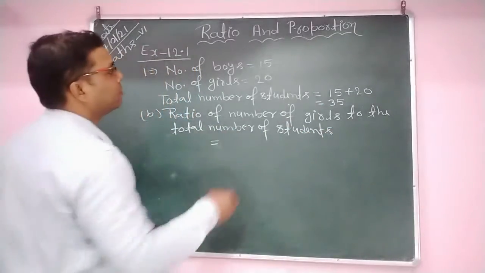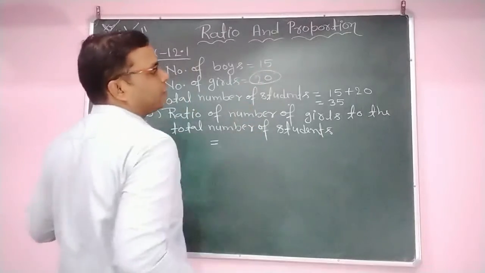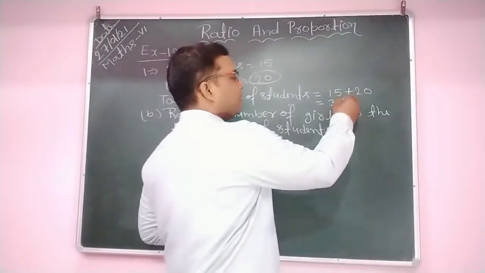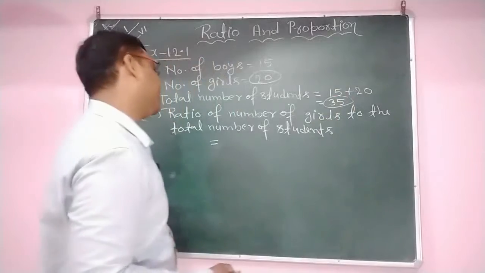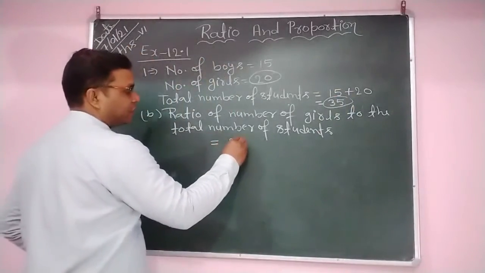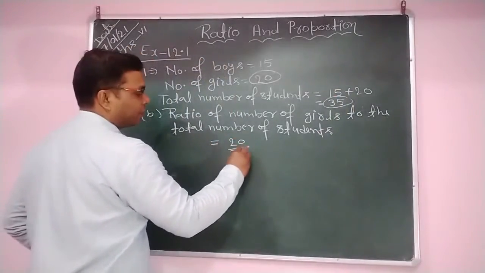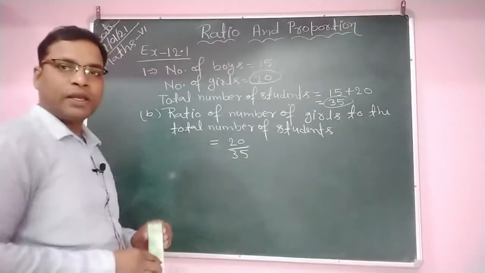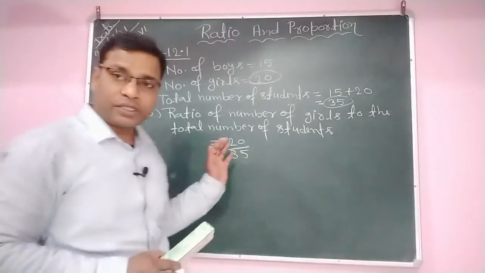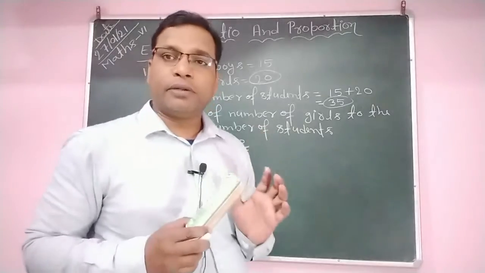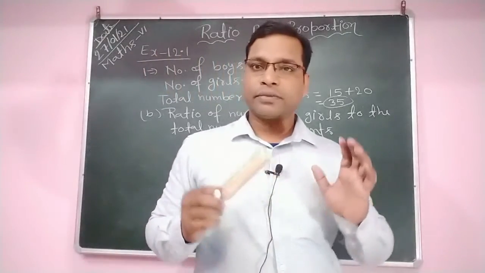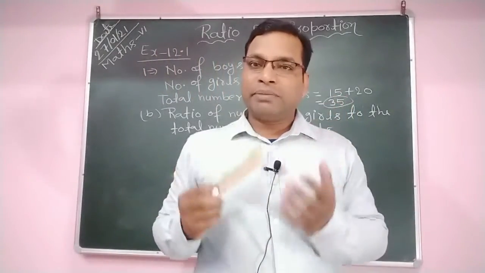So number of girls is given here as 20, and we already found the total number of students in the class is 35. So you can write here 20 by 35. This is clear. Both numerator and denominator have a common multiple of 5.